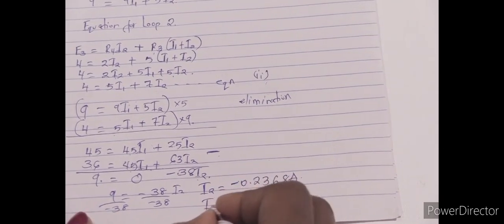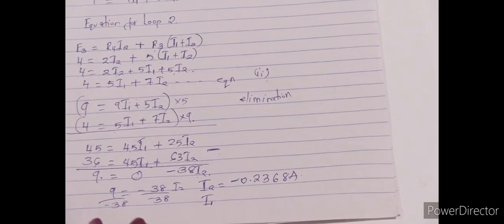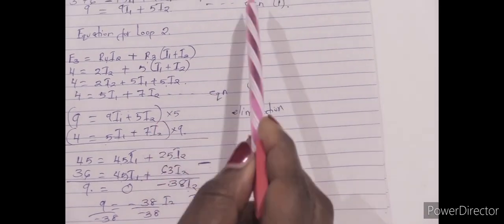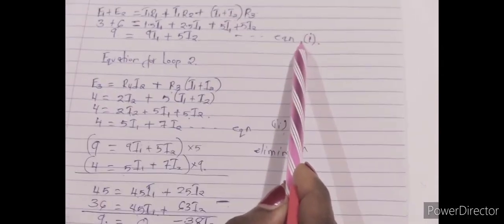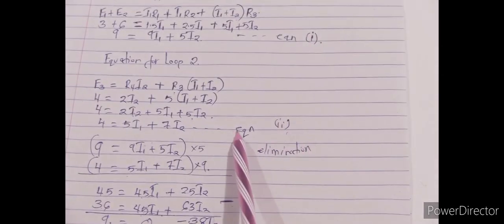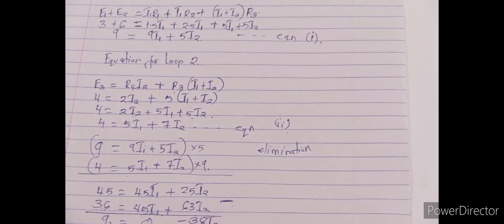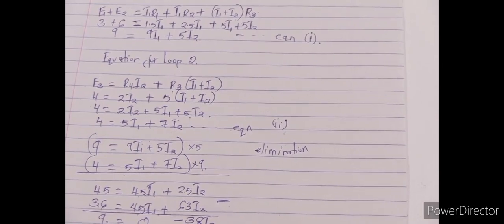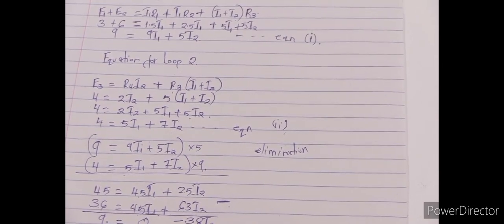We solve for I1 by substituting I2 in either equation 1 or equation 2. You're going to get I1 as 1.1316 amperes.